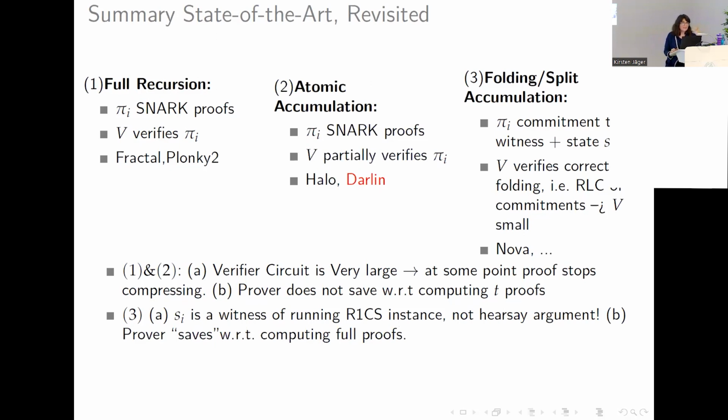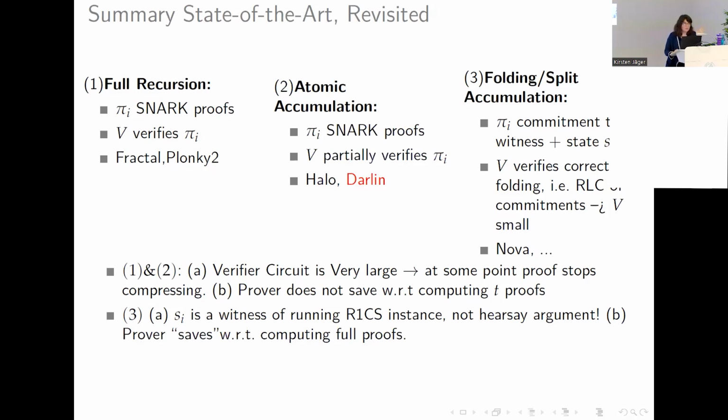So what do we gain here? We get something that's new, which is the trade-off where we are still gaining on prover computation because you're not doing the full proof. But on the other hand, you still have this feature that anybody can continue the computation because it's public computation, so everybody could do it, okay?